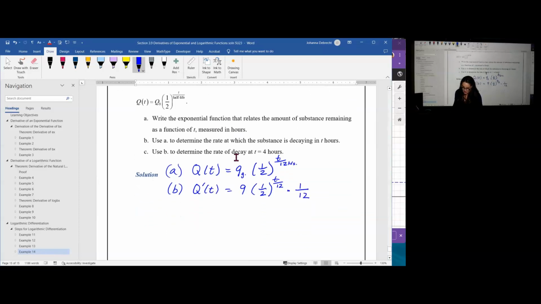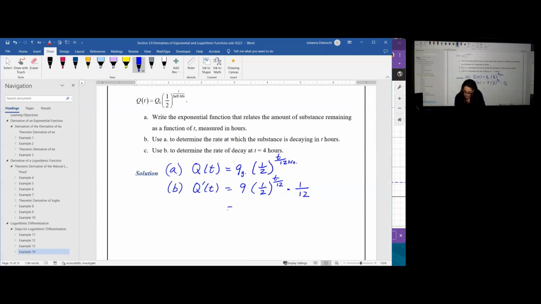When I simplify the 9 and 1/12, I get 3/4 times the exponential 1/2 raised to the t divided by 12 power. This is the rate of decay of the radioactive substance, how fast the grams are becoming non-radioactive over a period of time. We now want to determine the rate of decay at 4 hours.